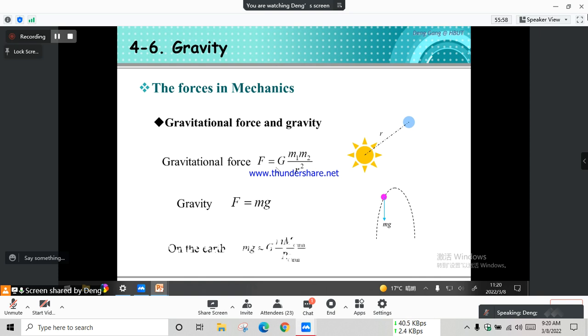When we are very close to the surface of the Earth, the gravity and the gravitational force are almost the same, but slightly different because of the spinning of the Earth. So on the surface of the Earth, we can treat the two as almost the same, as an estimation.